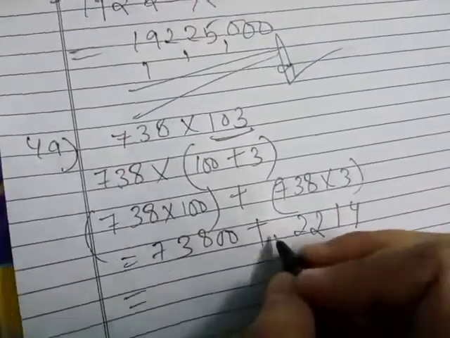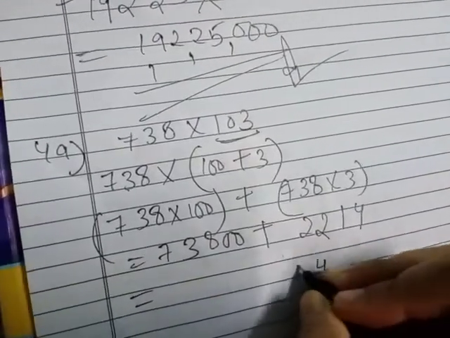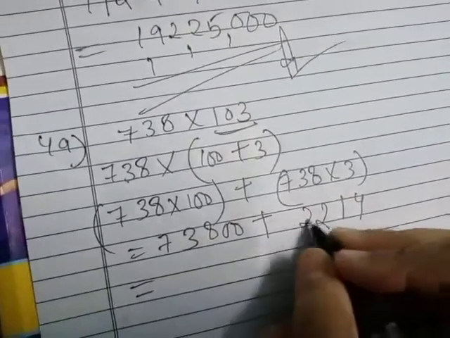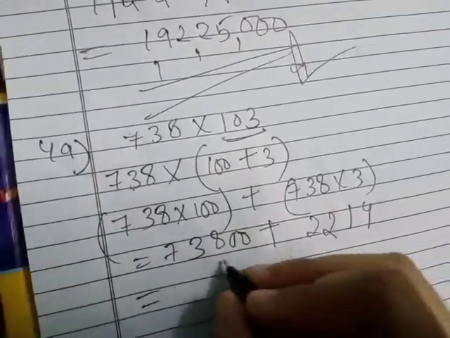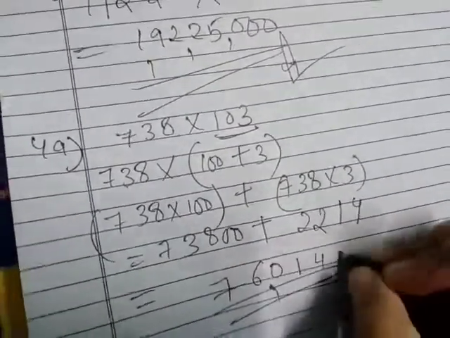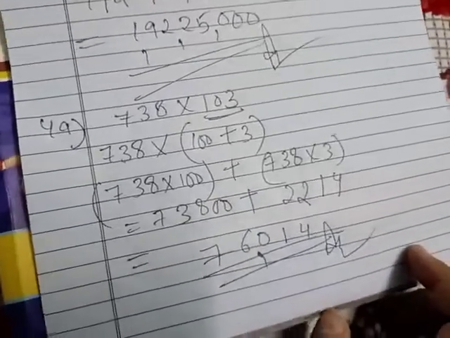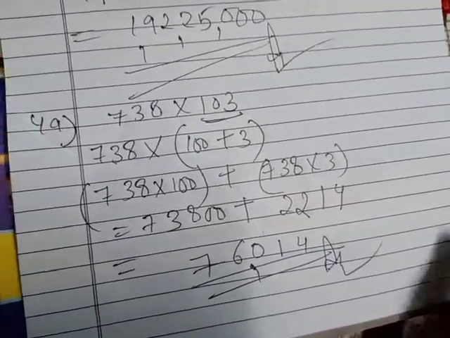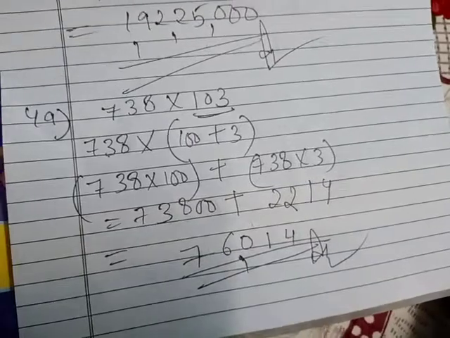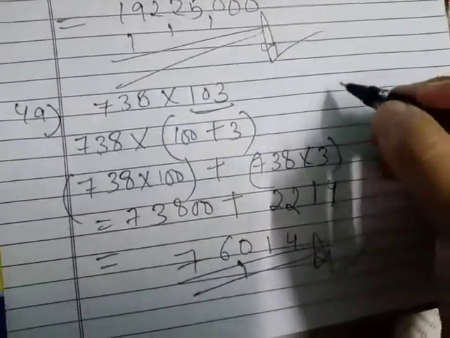Then we need to add both the numbers. So 4 1, 8 plus 2 is 10, then 6, and then 7. Like this we will expand and using the property, that is distributive property. So this was question number 4a.